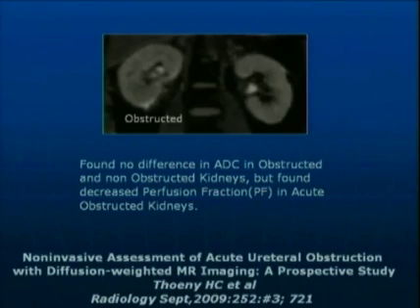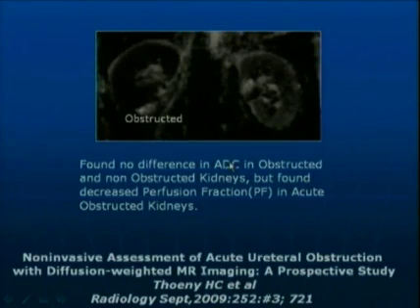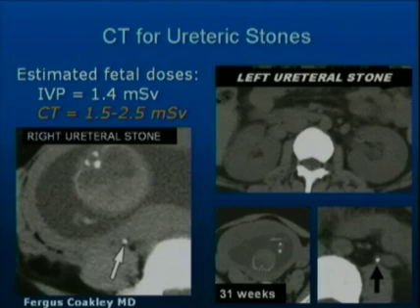So this is the regular ADC, in which there was obstruction on this side compared to the others, which I took from radiology here. And you can see it if, in fact, you did the perfusion fraction only. You can see there's decreased perfusion on the right of the obstructed as compared to the left-hand side. Currently, this is really only a research technique, and I don't think has really been put into clinical practice.